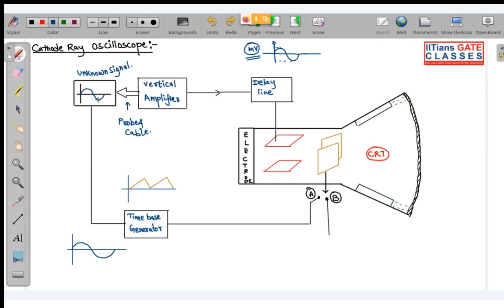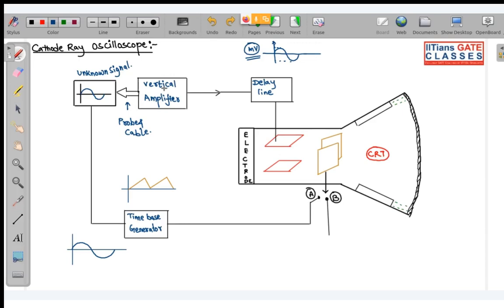Because the electron will bend in proportion to the voltage of the signal, and it will hit your screen, and you will see the fluorescence displayed on the screen. Will this millivolt voltage be able to deflect the electron beam of this plate? No, it won't be able to do that. So basically, we require an amplifier, and that amplifier is your vertical amplifier.